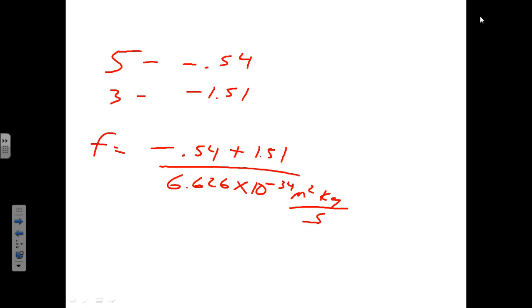All right, so if we calculate that out, this comes up to be 0.97 electron volts over Planck's constant.